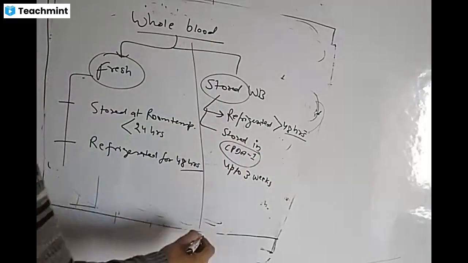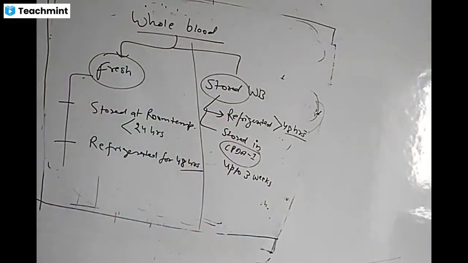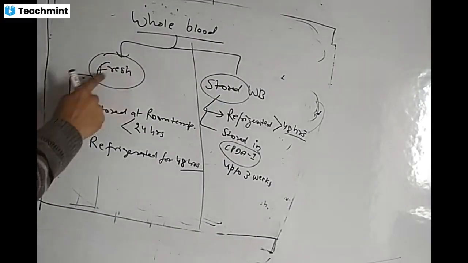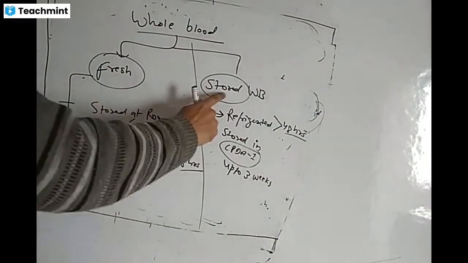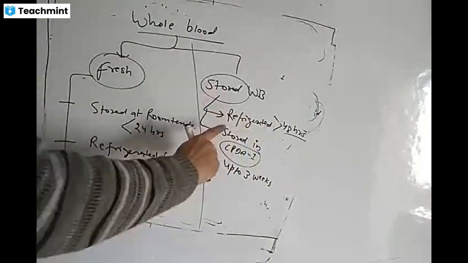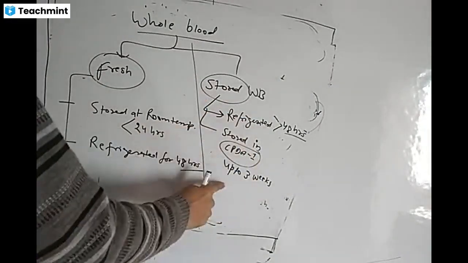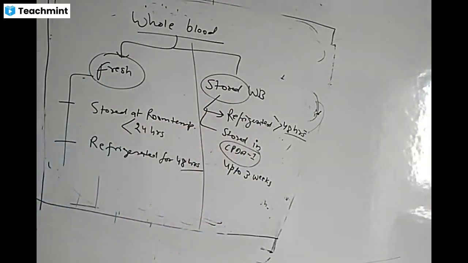So these are the two terminologies with whole blood. Fresh means less than 24 hours, or if refrigerated then 48 hours. Stored means more than 48 hours refrigerated, or stored up to 3 weeks in case of CPDA.